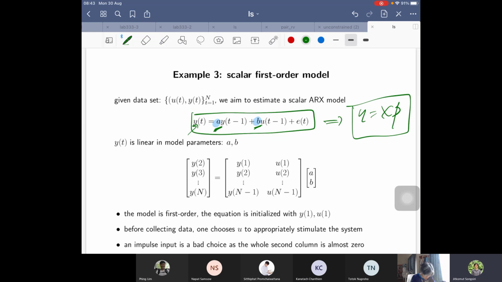Then you say, I can repeat this equation using the data points. But then again, I see that I'm going to start with y at time 2, because on the right-hand side, y at time t depends on the first lag of input and output. So I'm going to start with y2, which is a y1 plus b u1. And then I keep repeating this process.